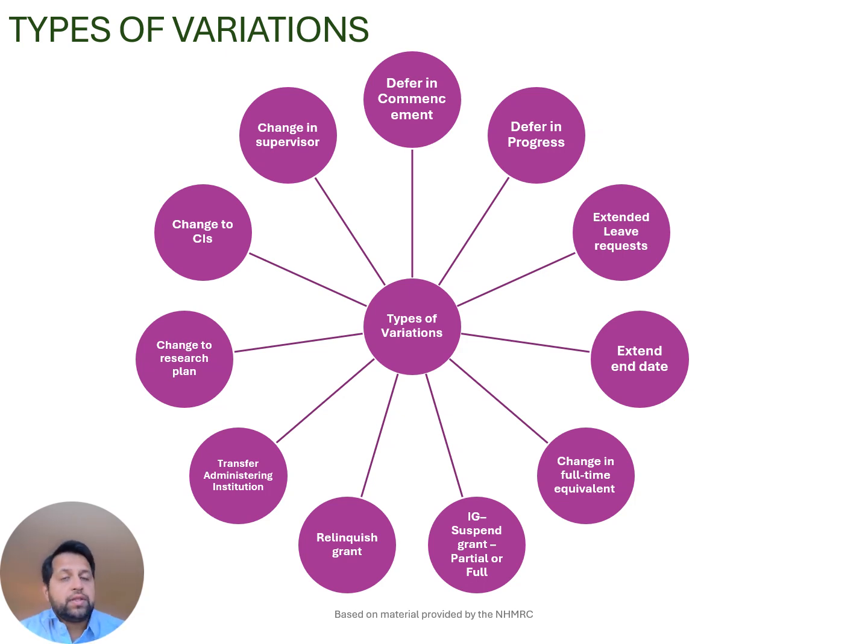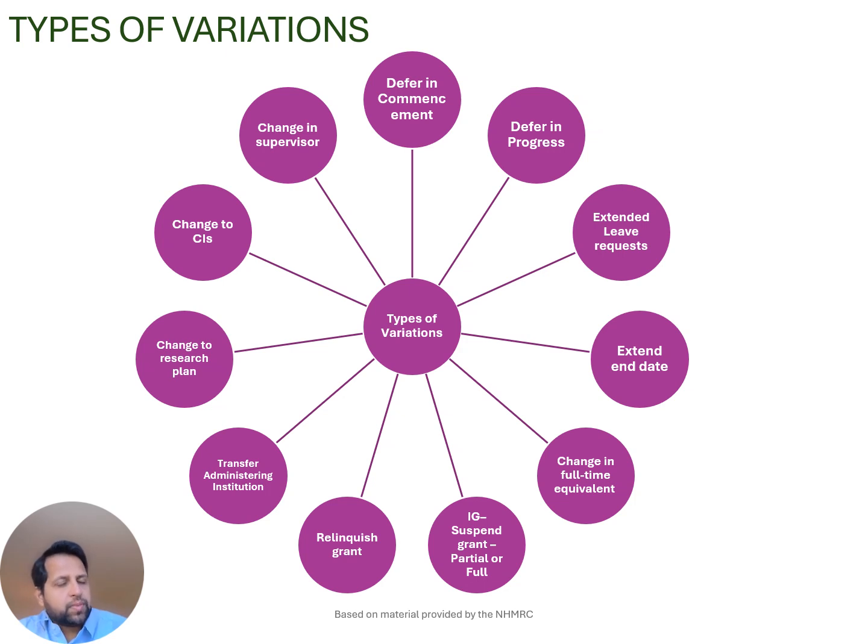NHMRC will then give the new administering institution a transfer schedule, which gets into effect from the date the new institution accepts the grant at their organization, right? So the further payments, except the payment from the initial administering institution, will not begin unless the new organization accepts the grant.